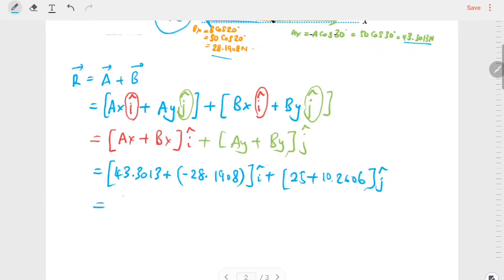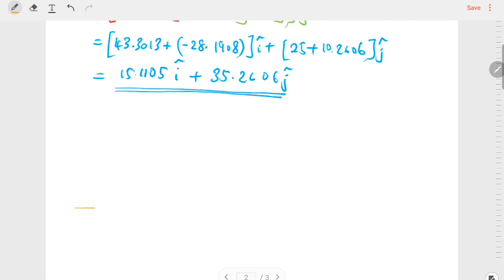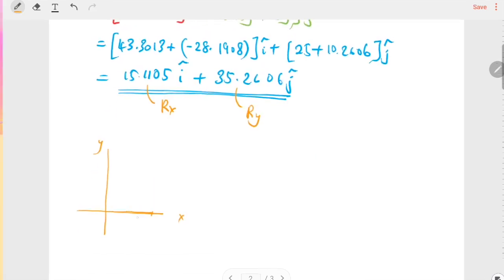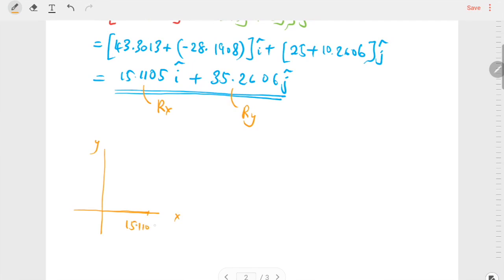Okay, if you total up these values, you will get the magnitude of 15.1105 along the i direction and 35.2606 along the j direction. Okay, from this equation, we can illustrate the position of the resultant vector, whereby along the x direction, the magnitude is 15.1105, whereas along the y direction, the magnitude is 35.2606.